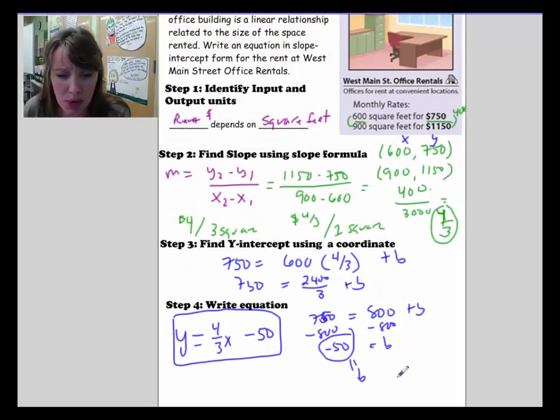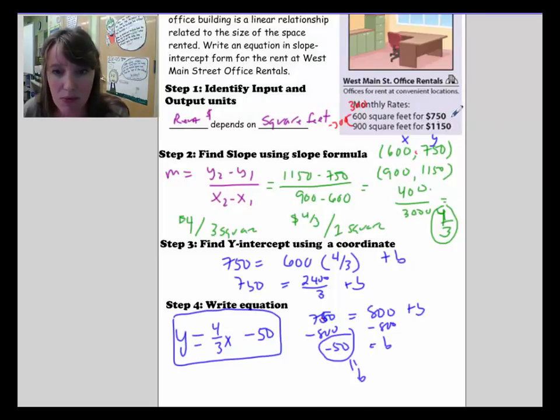Okay, you could also have used the table in this case in order to find the y-intercept, because this is going down at a rate of $300 a month, okay? Or 300 square feet drops by $350. So if you dropped another 300 square feet, it would be 300 is to, whoops, this is dropping by $400, sorry.